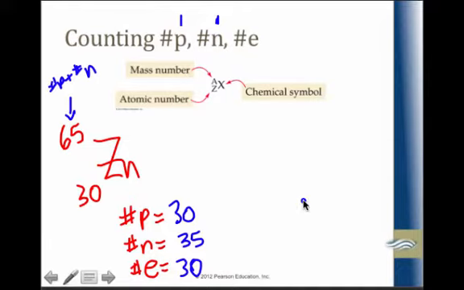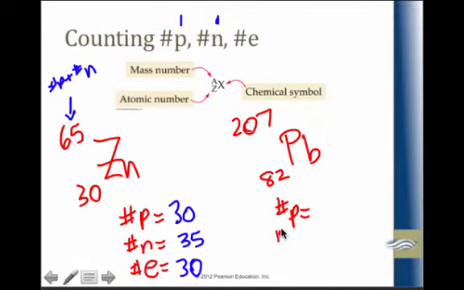All right, one more example. Let's say I'm giving you lead, and I'm giving you the particular lead atom that has 207 mass. On the periodic table you'd see its symbol number 82. So let's do this. How many protons? You tell me.